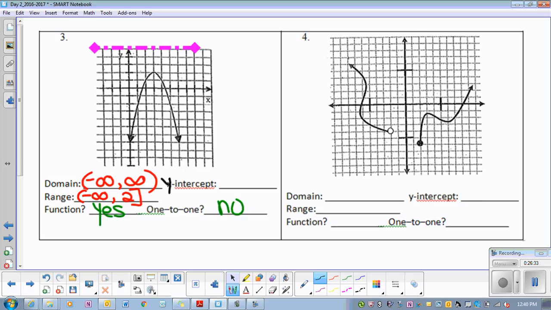So then where is the y-intercept? Looks like it's going to be, where is the y-axis? Right here? Okay, so it looks like it's going to be there, right?